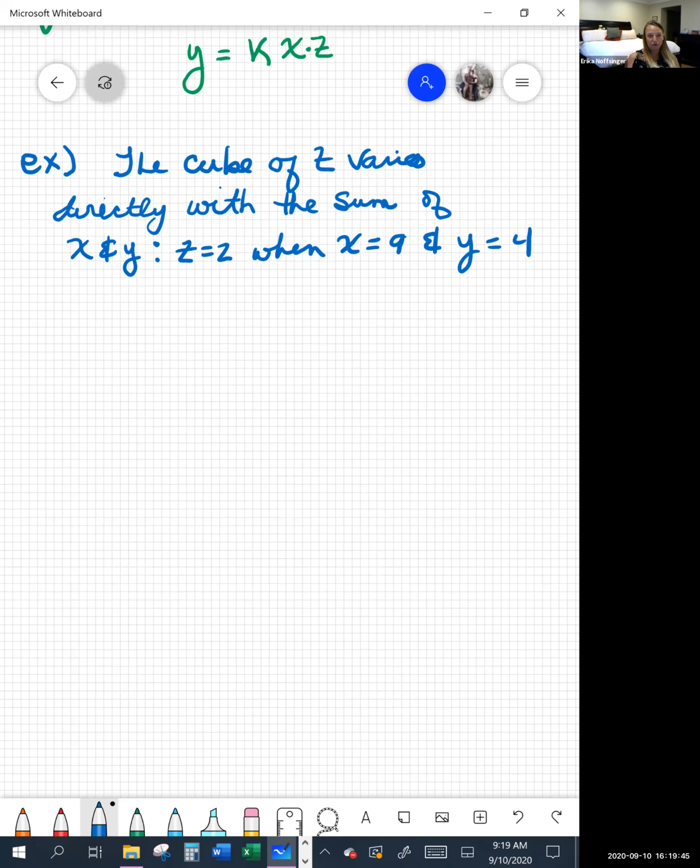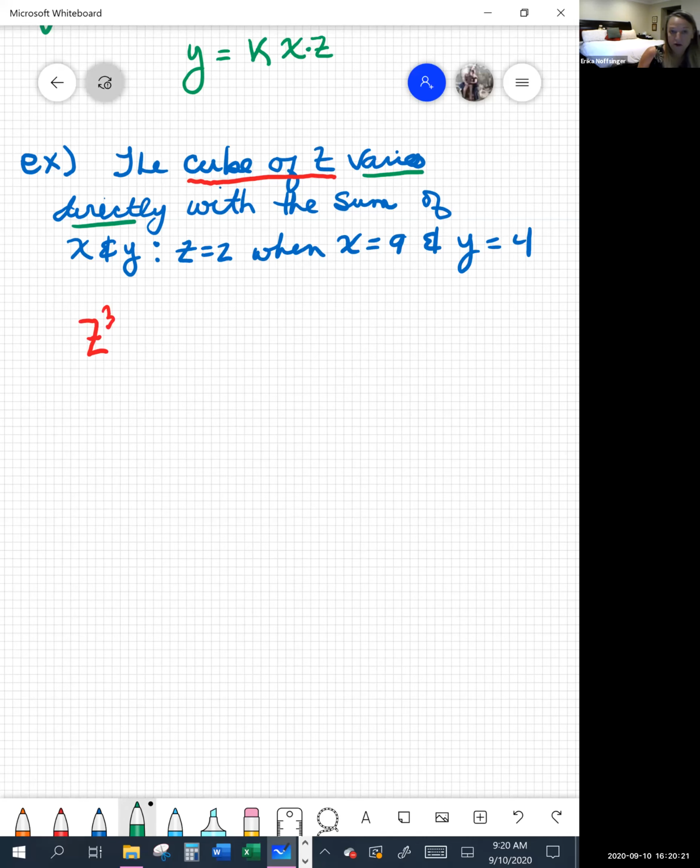We're going to go through first and nitpick this and write out the equations. The first thing it tells us is the cube of Z. How can I write the cube of Z? That is written as Z cubed. I don't know if I've expressed this to your class already, but my Z's have a little bar in between so you know that's a Z and not a 2. So I have Z cubed. Now it says varies directly.